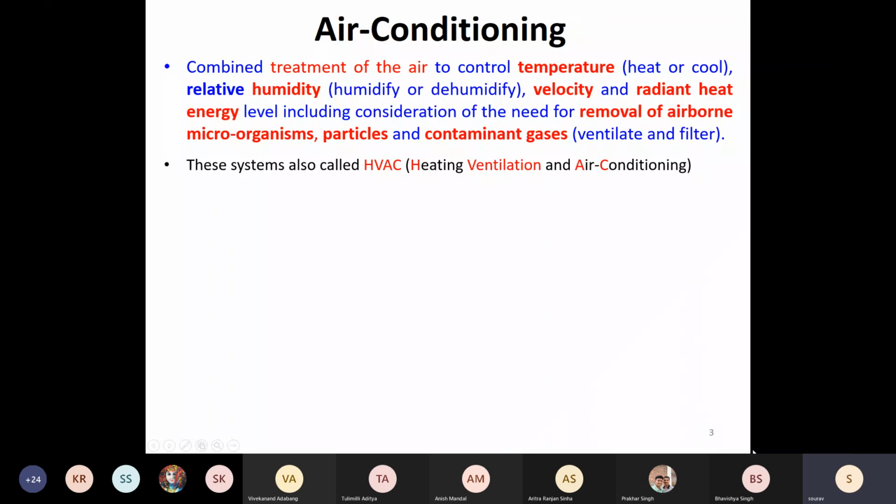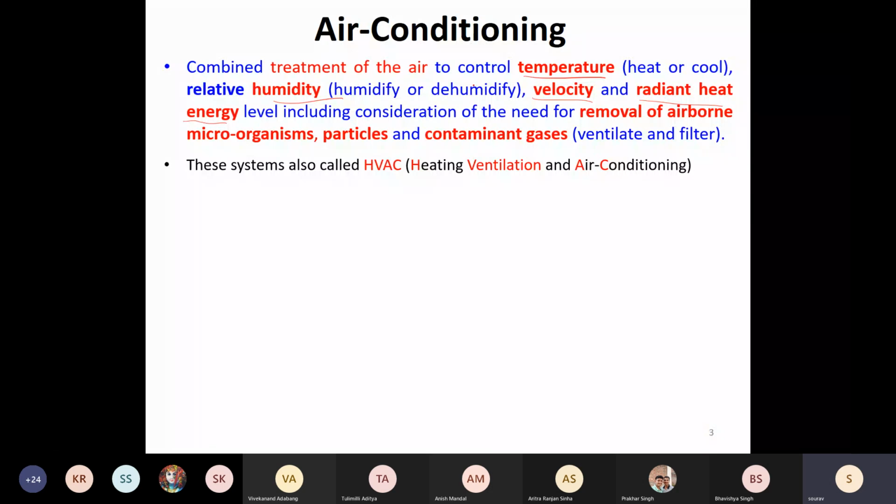So I had already told you the definition of air conditioning. Air conditioning is not just cooling and dehumidification, which we normally connect it to, but it is the control of air temperature, humidity, velocity, and something called radiant heat energy level.